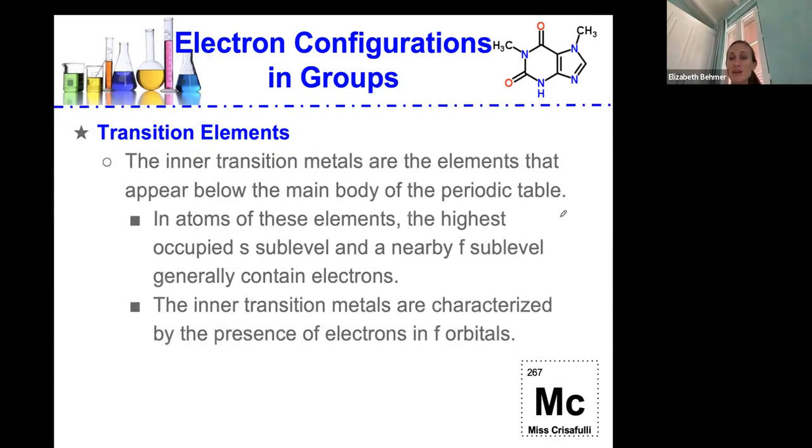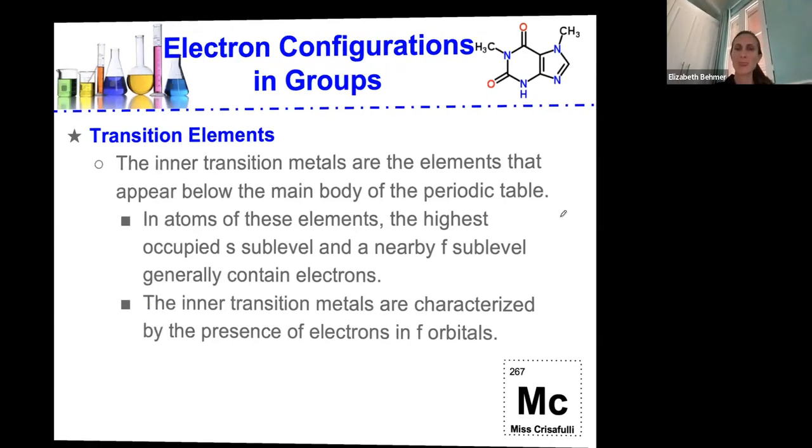The inner transition metals are the elements that appear below the main body of the periodic table, and in atoms of these elements, their highest occupied s sublevel and a nearby f sublevel generally contain electrons. These inner transition metals are characterized by the presence of electrons in the f orbitals.